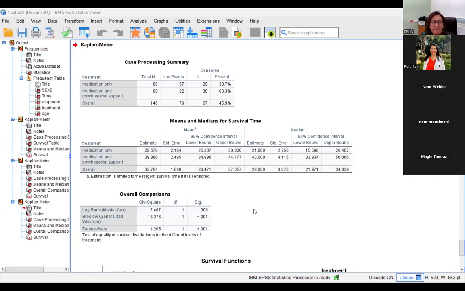However, for those who are on both medication and psychosocial support, 22 out of 60 developed the event. All right, great. So we have percent for the event, which is good. So you are comparing the probability of the event among those who are on medication compared to those who are not. Is that what we want from the survival?